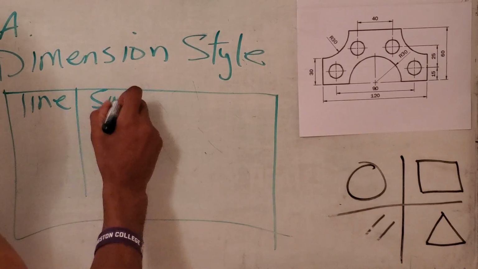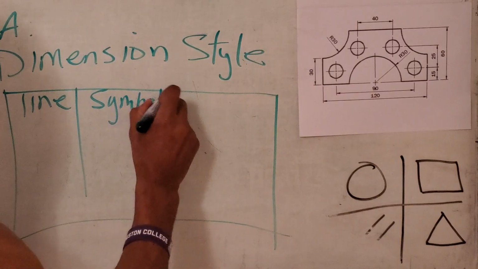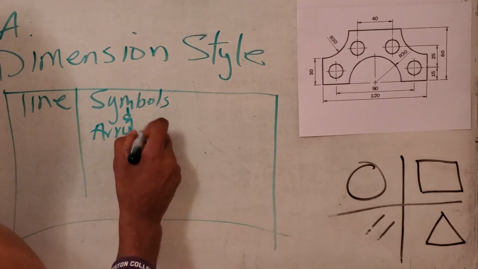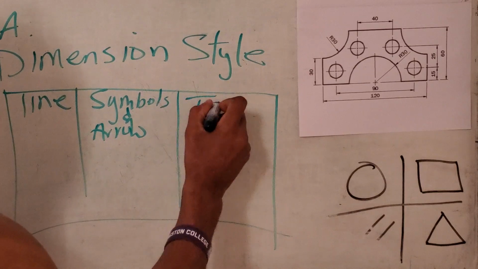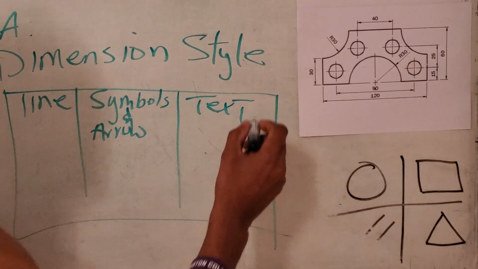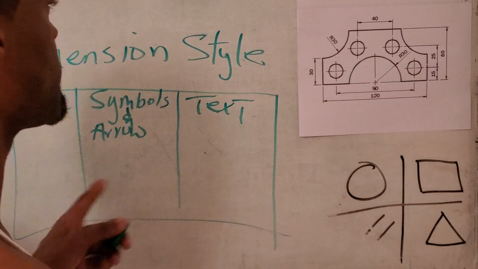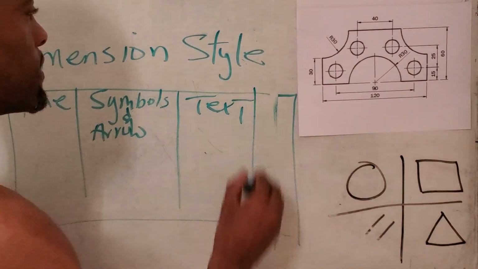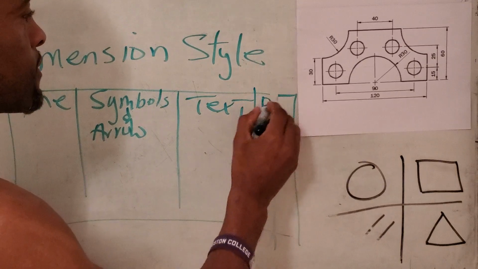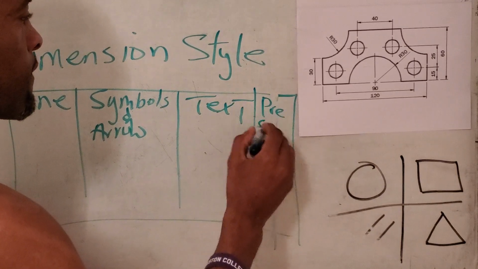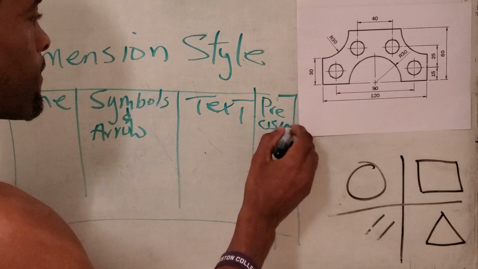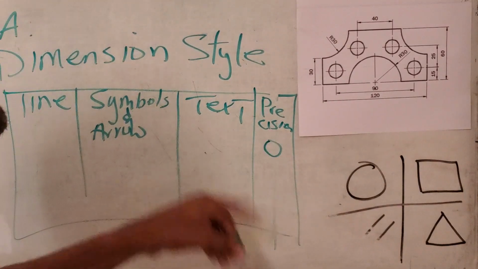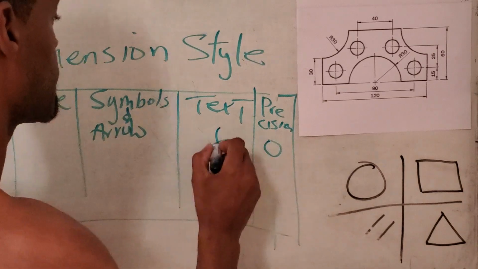For your dimension style, you're gonna set up the 4 things: lines, symbols and arrows, text, and primary units. Text and precision. Precision should be 0. Text height in this case should be about 6.